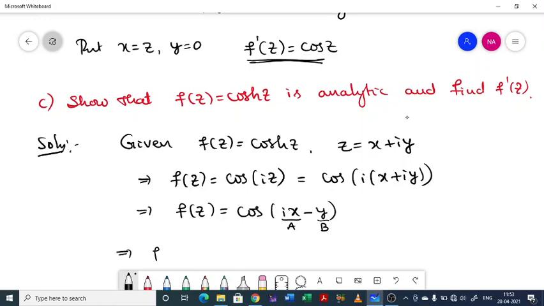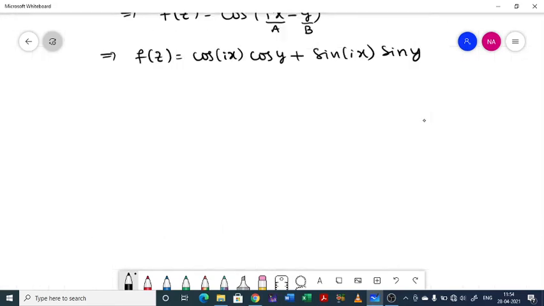Using that, f of z equal to cos of ix cos y plus sin of ix sin y.